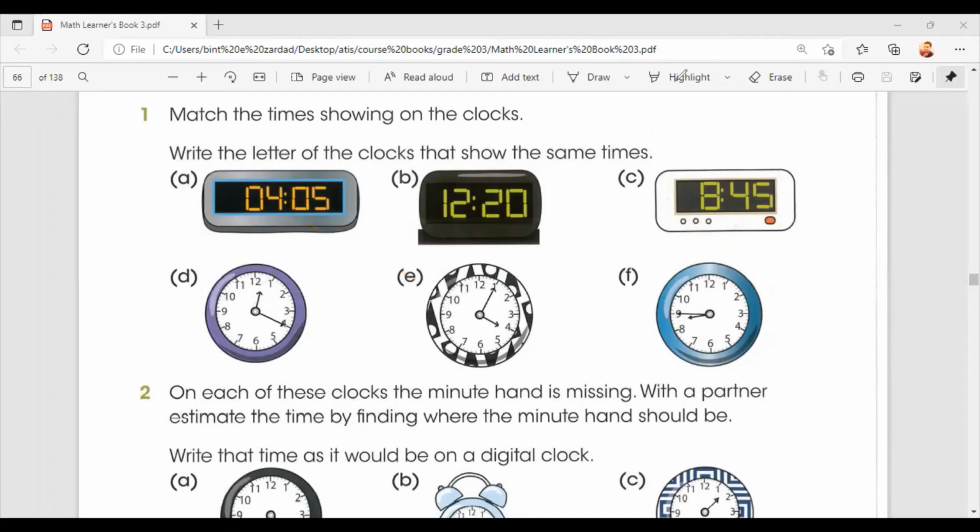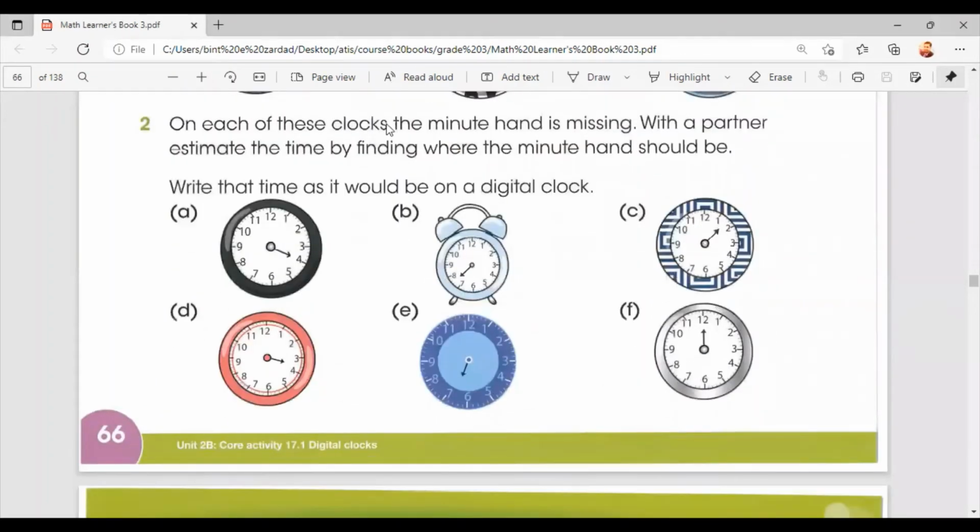Question number 2. On which of these clocks is the minute hand missing? Give your partner the time to estimate. This one is exactly on 4. It's 4 o'clock. And this one is not on 4.